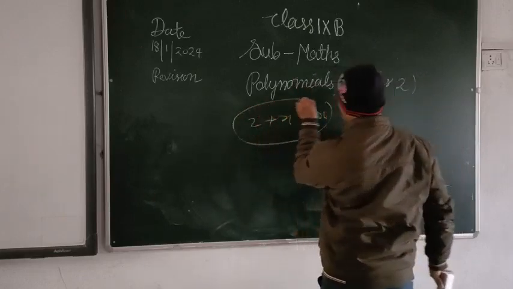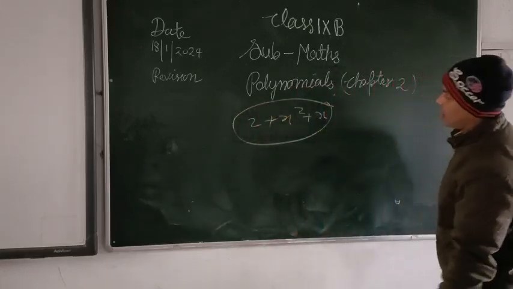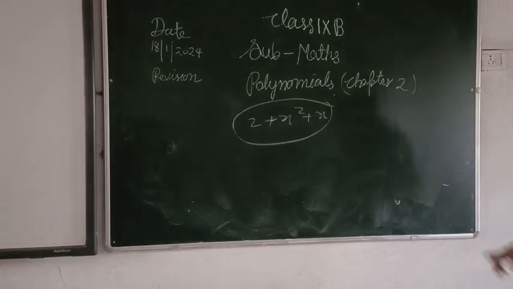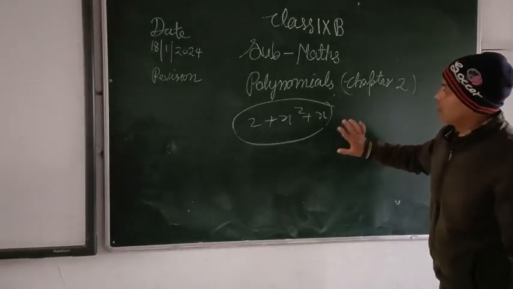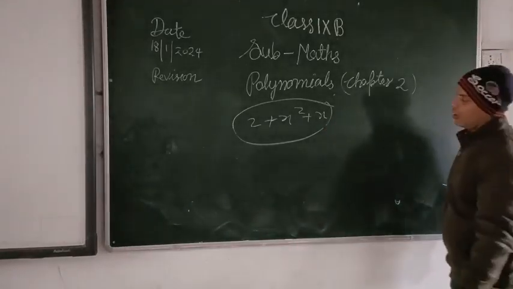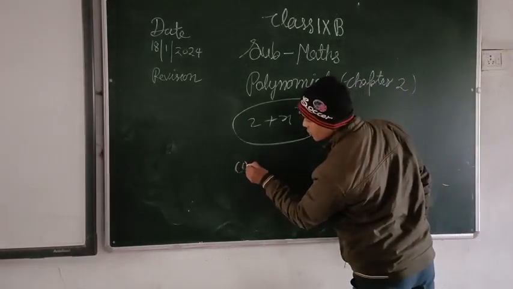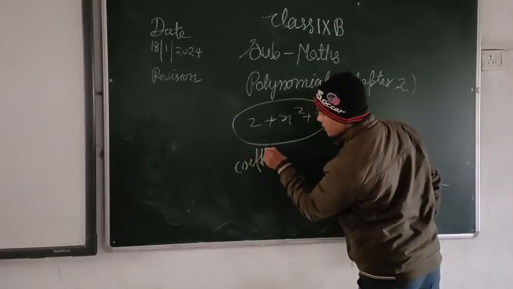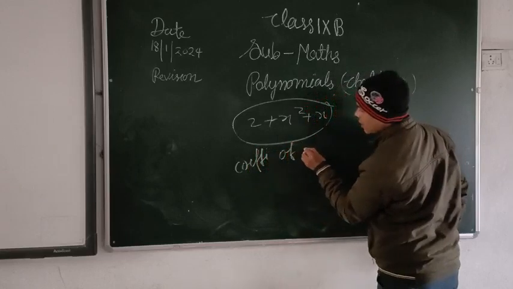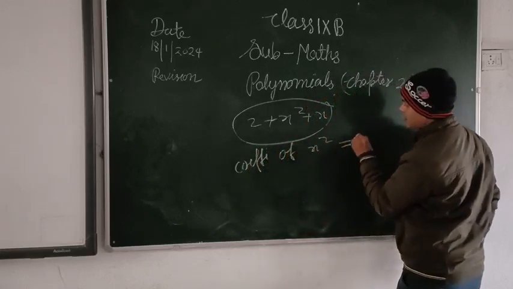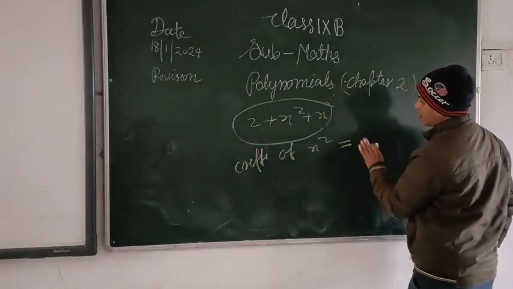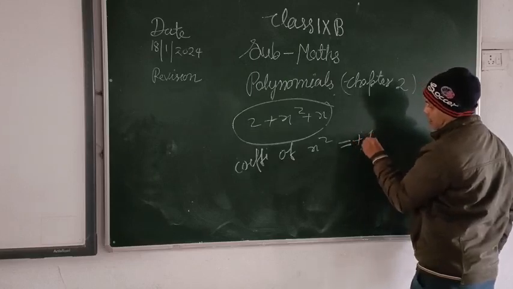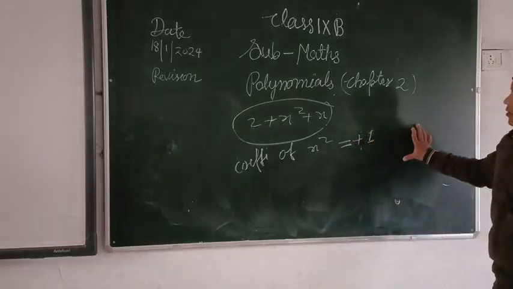We have to find out the coefficient of x square in the given polynomial. The coefficient of x square is here 1. We can write it with sign also. Okay, it is good for you.